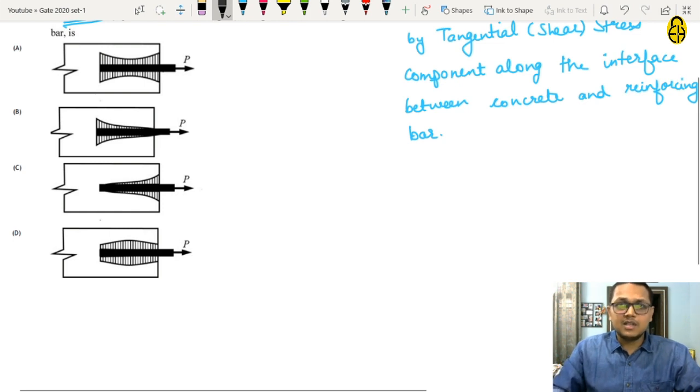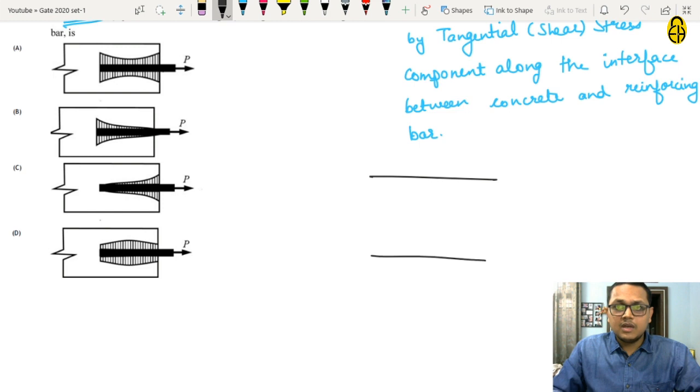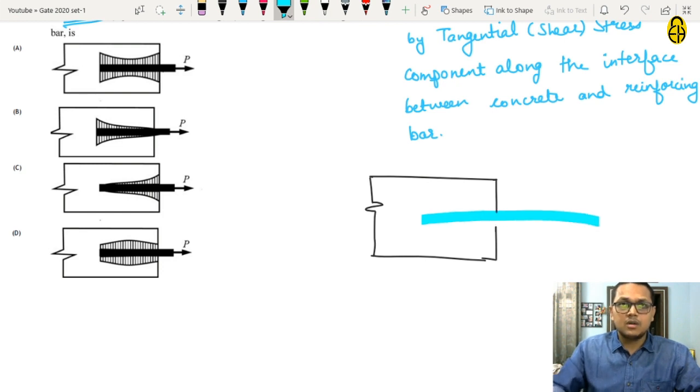Let us take the same example as in the question. We have given in the question a concrete block, and a reinforcement bar is embedded into that concrete block.